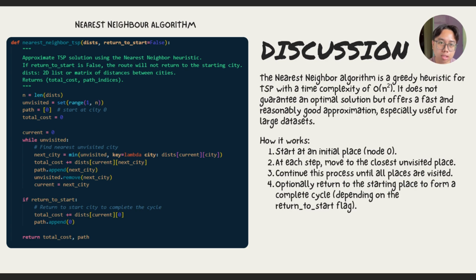So how this works is, first start at an initial place, not zero. At each step, move to the closest unvisited place, and continue this process until all places are visited. And the last step is to optionally return to the starting place to form a complete cycle, depending on the return-to-start flag. But for this case, we don't use that.